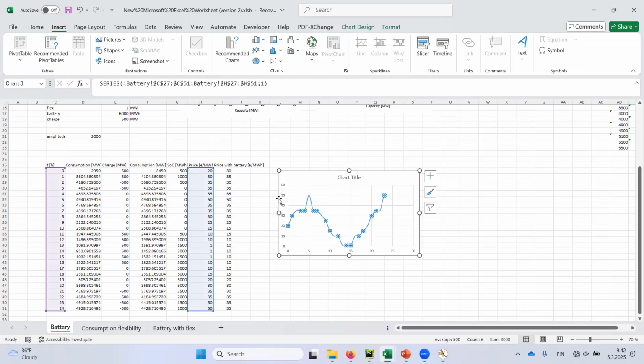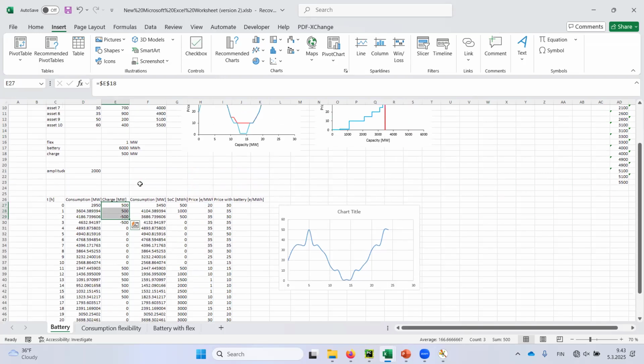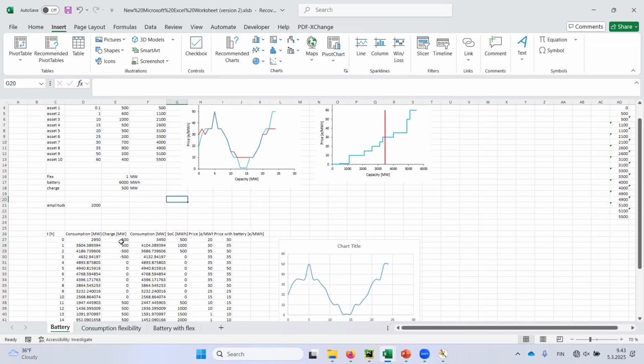There's going to be moments where the price is high, and moments when the price is low. This is a very bad strategy. This is done manually. But you're going to see that when I have this battery charge rate, and it's going to be zero, we're not going to do anything.